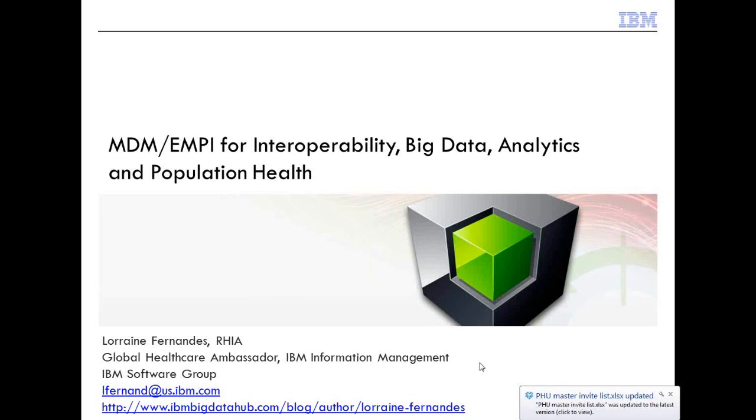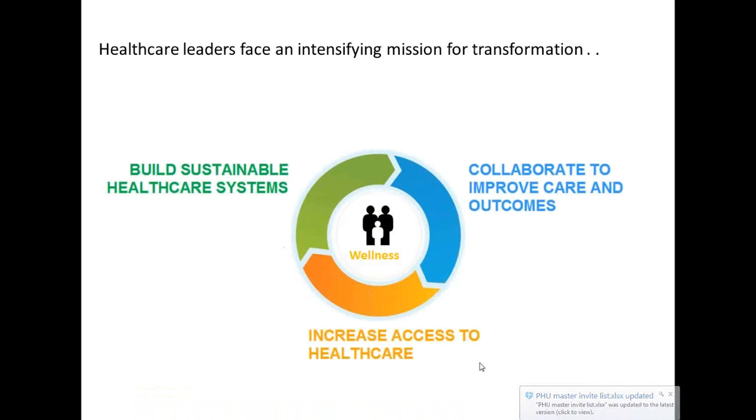So in my role as healthcare ambassador for the IBM software group, I have the pleasure of working, as they shared, with health leaders in a provider, an association, and in jurisdictions, whether it's the States, Canada, or around the world.